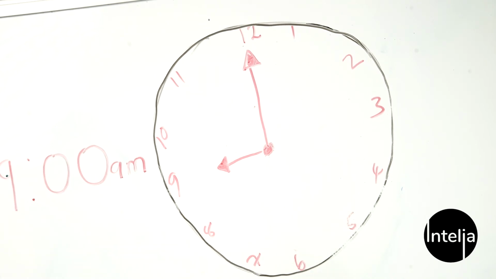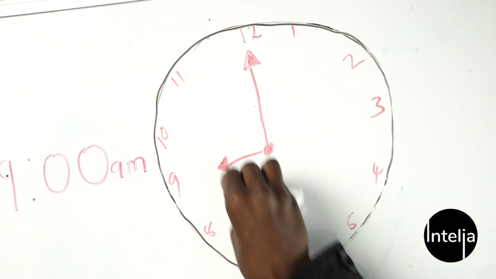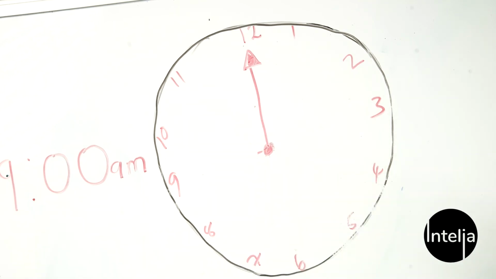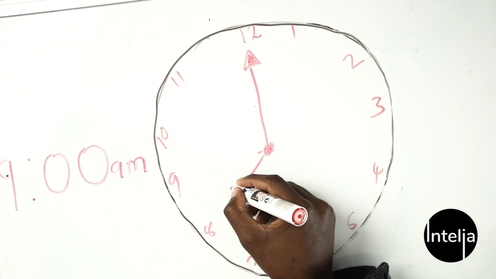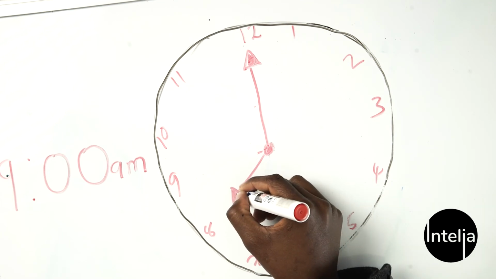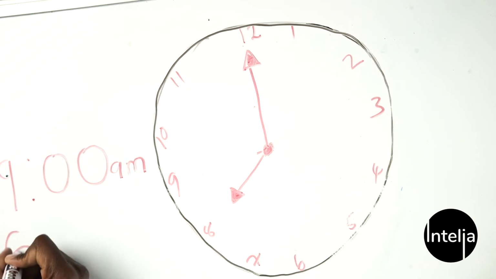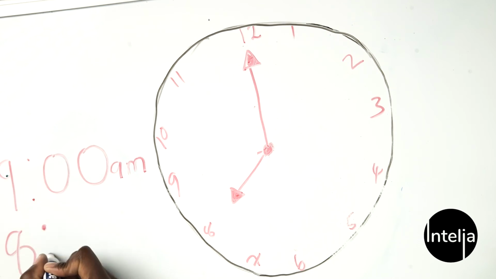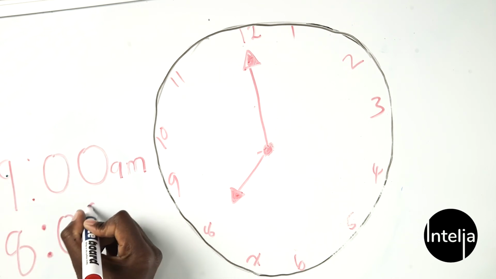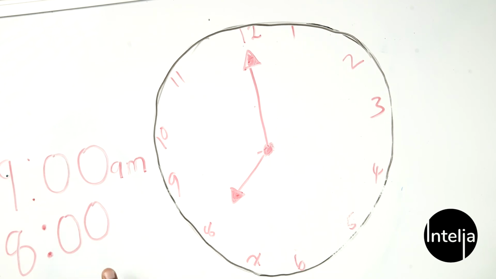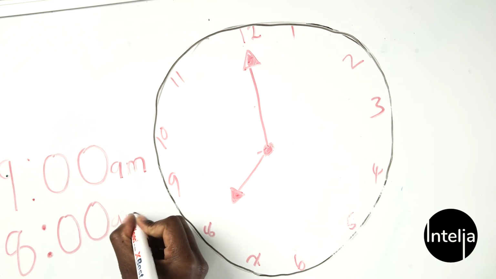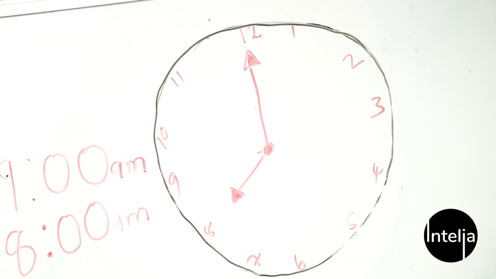If it's another example, let's say it's 8 o'clock, like this. Let's write our 8 o'clock here, our 8 here, the dots, and then our minutes. Because it's in the morning, you put AM. So whenever it's in the morning, you always put the AM.